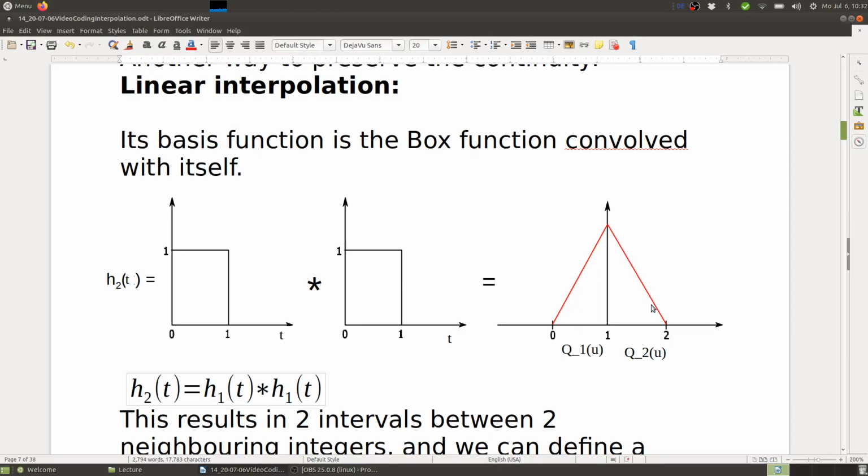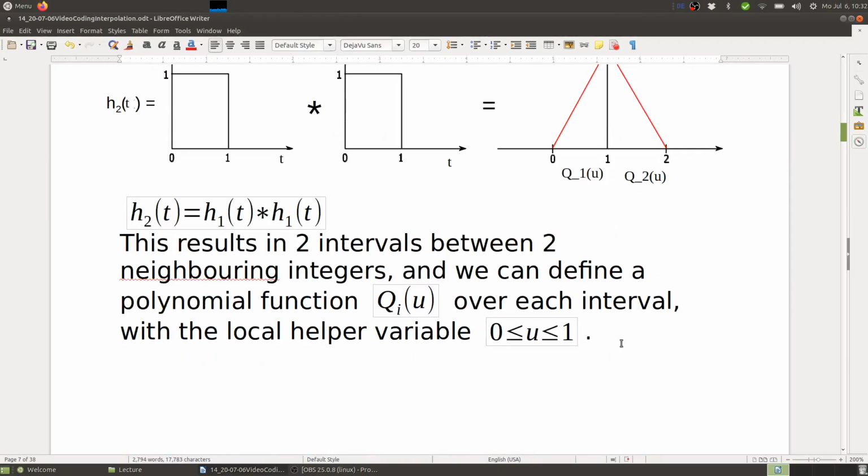First goes up and then goes down. So that means we have those two intervals, and we can define a polynomial function q_i of u over each interval with a local helper variable u, which is between 0 and 1. So here this i is 1 and 2.